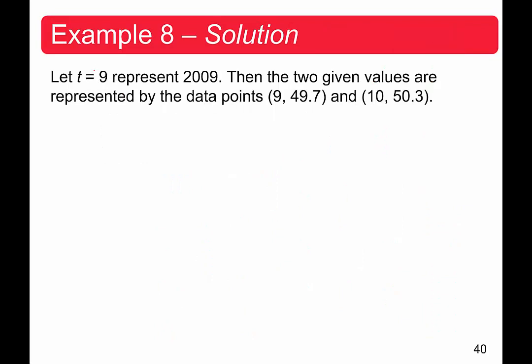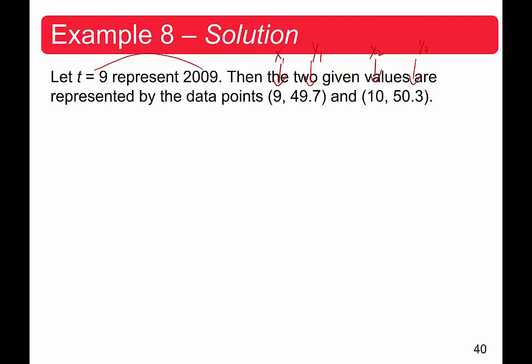So t equals 9 represents 2009, and the ordered pair will be time t and then sales. So 2009 will be turned into an ordered pair of 9, 49.7. 2010 will turn into an ordered pair of 10, 50.3. So here that's exactly x1, y1, and this is x2, y2.